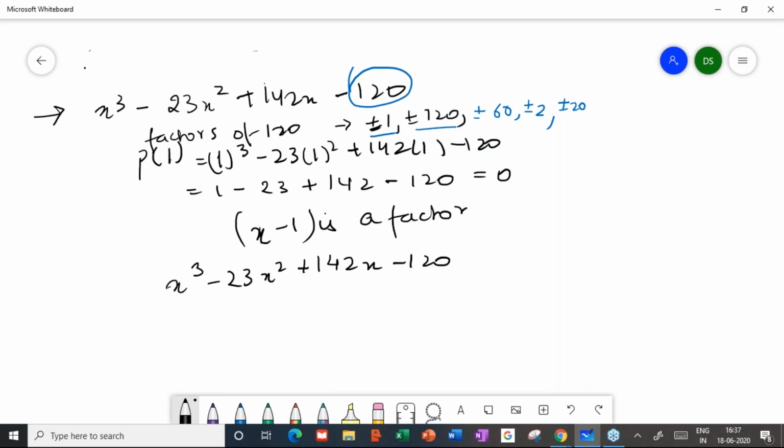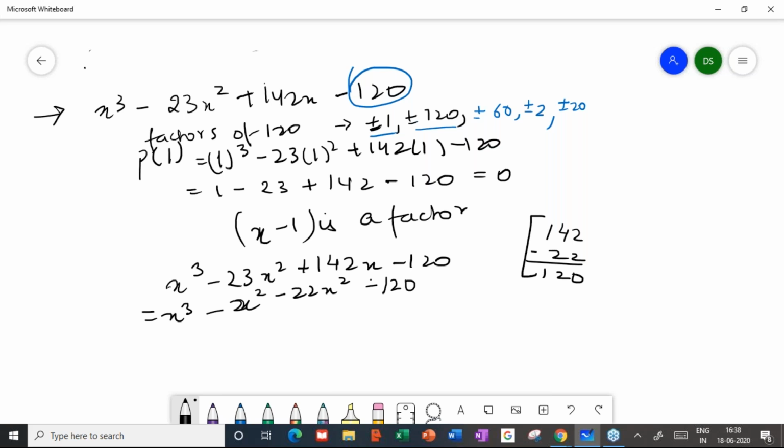So you can write this as x cube minus x square minus 22x square. It will still be 23x, and this can be split. Let me show you rough working here. 142 minus 22, you will be left with 120, which matches with this, right?